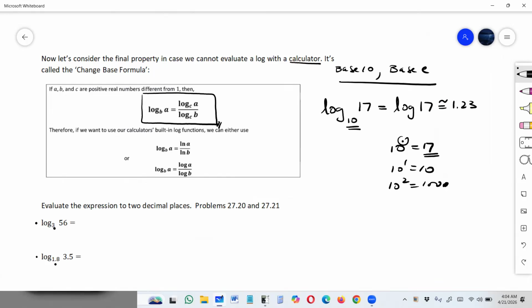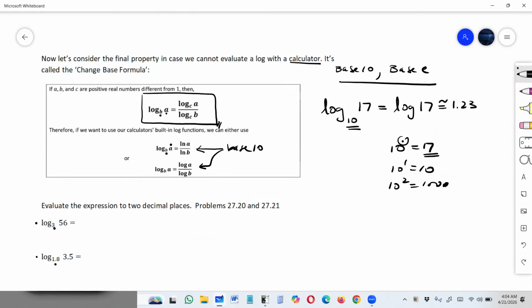So the log of any base of A is, you can pick any base you want, log base C of A over log base C of B. Or this is the preferred formula with base 10. So log base B of A is natural log of A over natural log of B. I'm sorry, this is the base 10.